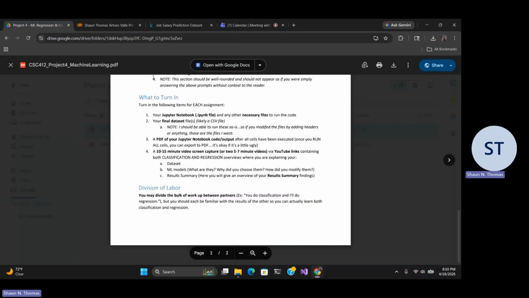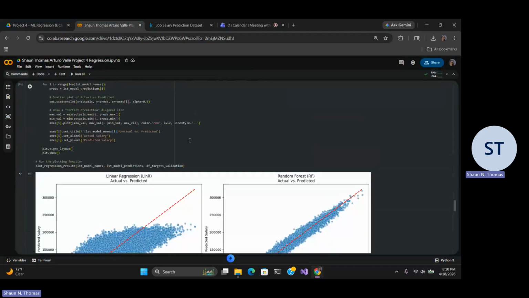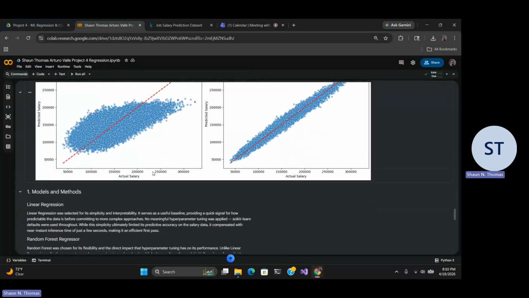So next I'm going to talk about the machine learning models themselves. The models that I selected were linear regression and random forest. Linear regression is kind of like a linear classifier where it tries to draw a line that different points should try to be close to. It gives weights to each input value, and those weights' actual values determine where they are on the graph.